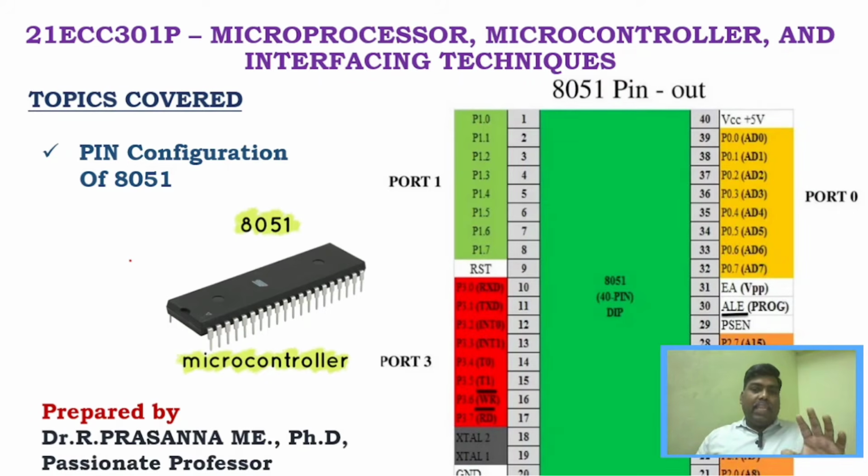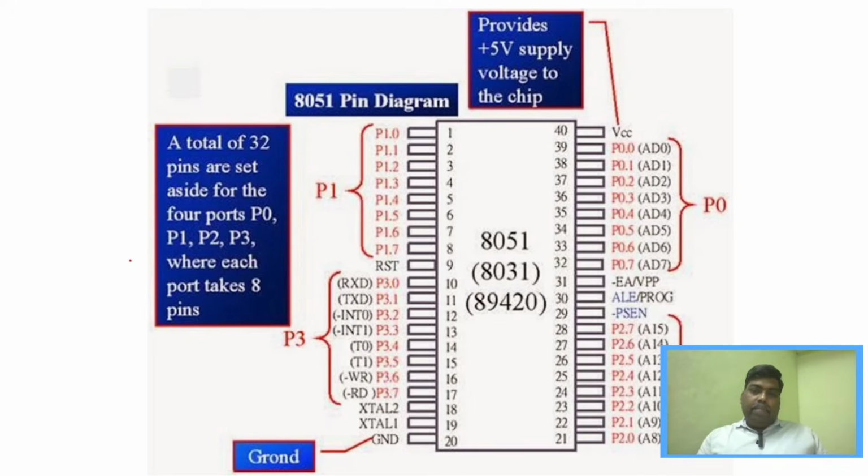So we're going to study in detail what the various pins and configurations of 8051 are, right? To start with, I'll tell you the outline of the 8051 pin configuration. In 8051, you have around 40 pins, and out of those 40 pins, 32 pins can be configured as input output ports.